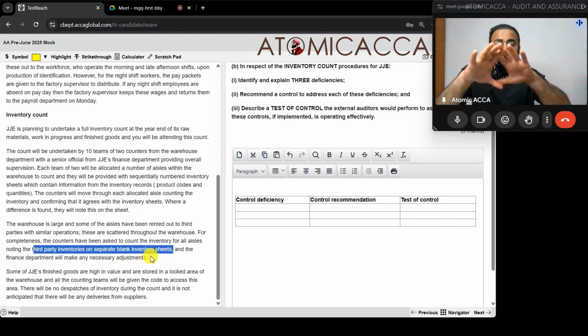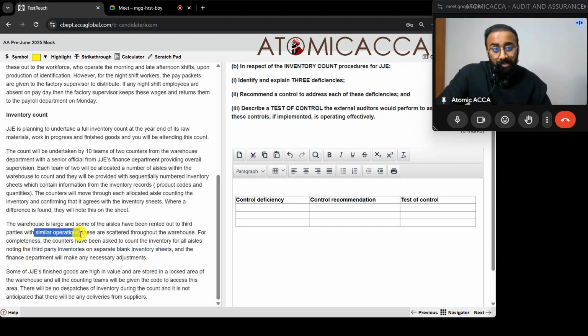So you're basically counting everything together, then minusing out the third party inventory. But the problem is they have similar operation, which means the inventory could be the same, and there are chances that you might make an error where you don't exactly understand which one would be the third party inventory or which one is your inventory. So there is a chance of over counting of third party inventory. So we found the fourth problem.